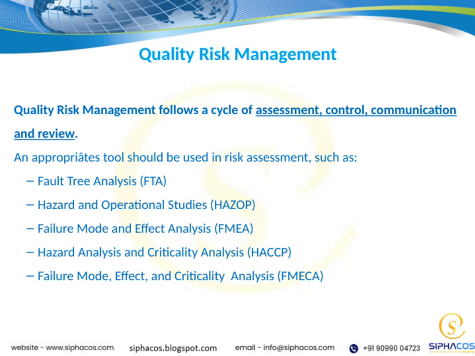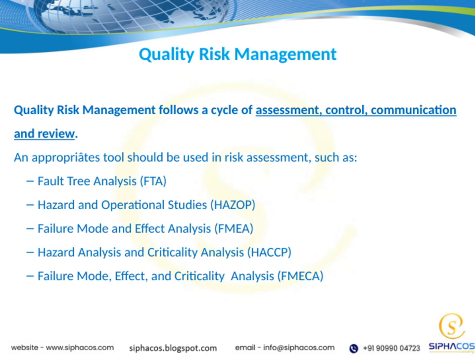We also have hazard analysis and criticality analysis, known as HACCP, especially useful in food safety and other critical areas. FMECA, or failure mode, effect, and criticality analysis, combines elements of FMEA and HACCP for a comprehensive risk view. Using these tools helps us make informed decisions during risk assessment, which is essential for maintaining quality and safety.